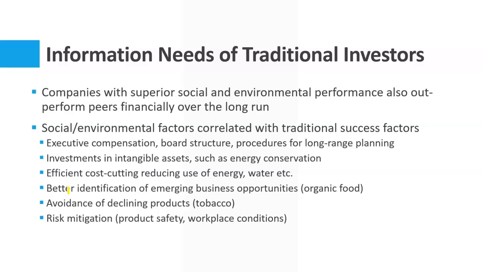This outperformance has been found in studies of both accounting metrics such as GAAP profit or operating cash flow, and stock market returns. So if you read the articles, most of them will conclude the same thing.